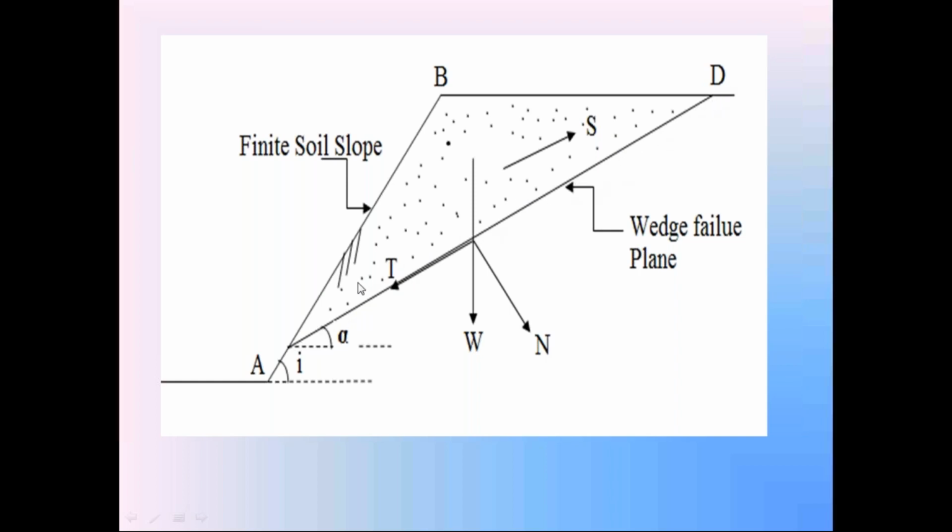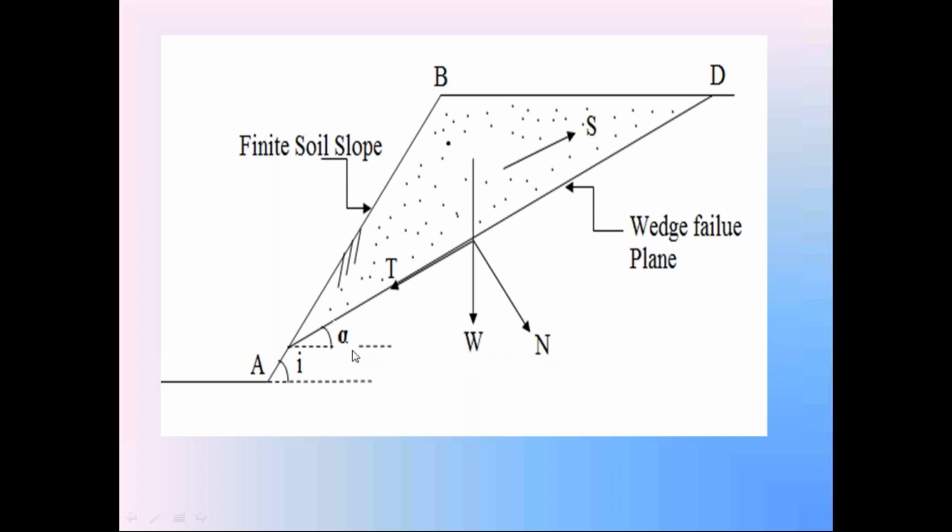Since AD is on the graph sheet, we can measure this length AD on the graph sheet. You can calculate the total cohesion C. By knowing that small c, cohesion per unit length, from the field observation, we can find out that total cohesion C is equal to small c into the length of this failure surface AD. N is known.